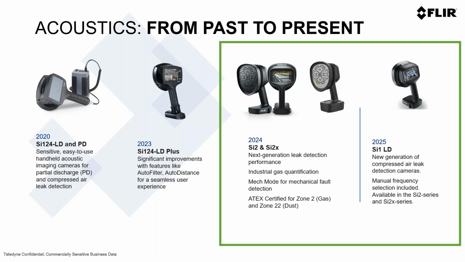So we started to have these camera models with a smaller battery in the base of the handheld. And then we started to develop different features. The very first camera we had was a camera for partial discharge detection, giving the PRPD pattern. And then we started to add analytics to our solution.